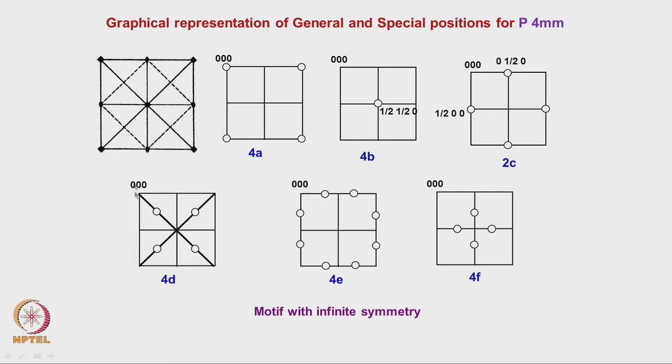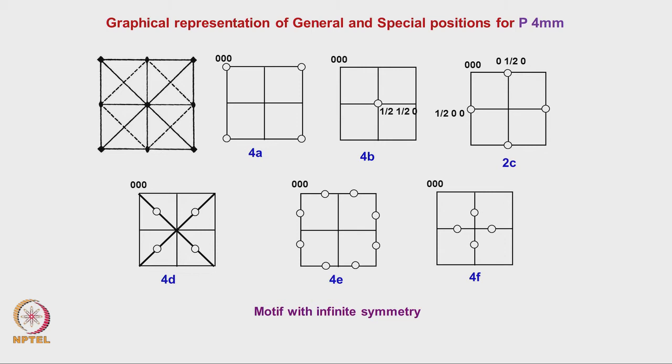With respect to a unit cell which is chosen, for one type of mirror, atoms will be kept at this position. For another type of mirror, the atoms will be kept at this position. For another type, atoms will be kept at this position with respect to a unit cell. So any one of these types we can use, but when we keep an atom at this particular position, each of them independently satisfies the 4mm symmetry.